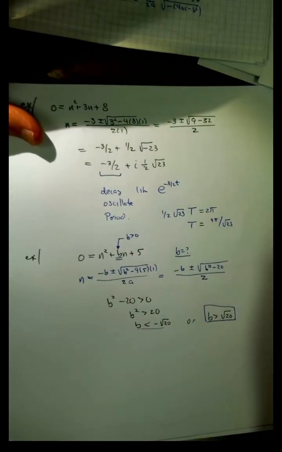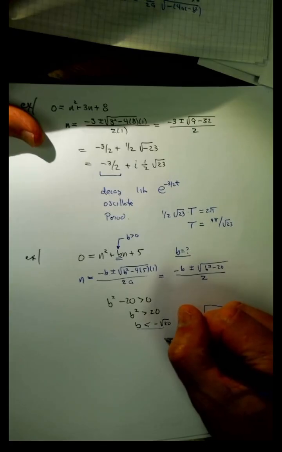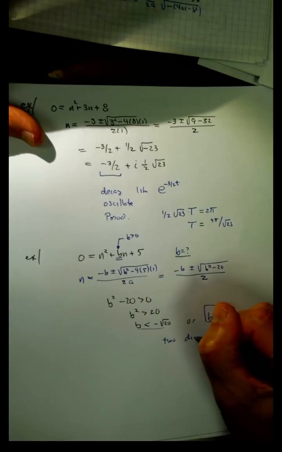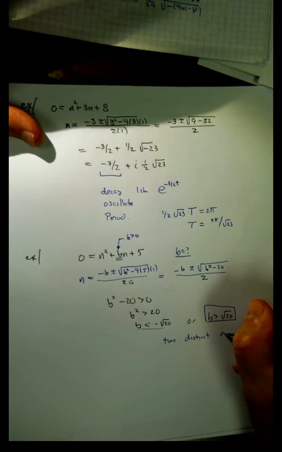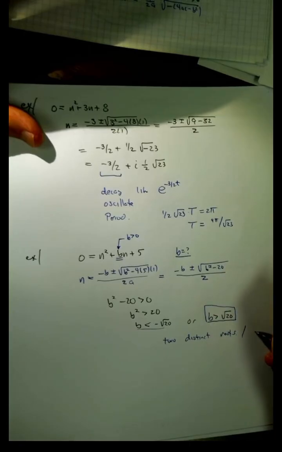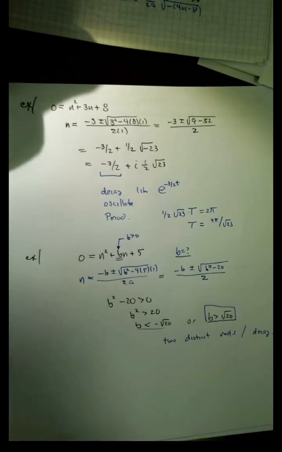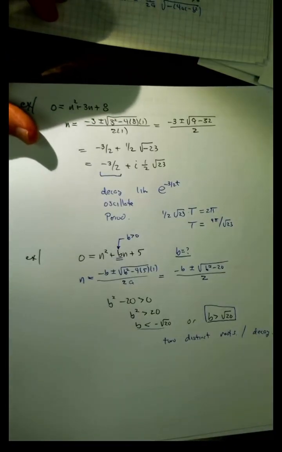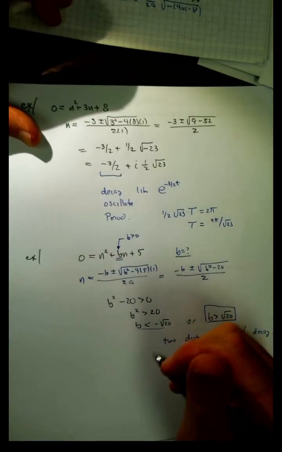So this means that if we have b greater than square root of 20, we're going to have two distinct roots, and we're going to have decay. All right, so now, what's the other thing?